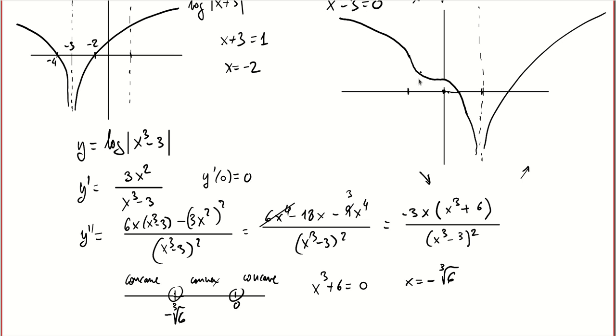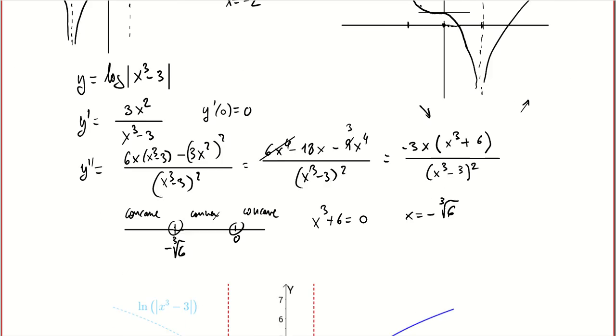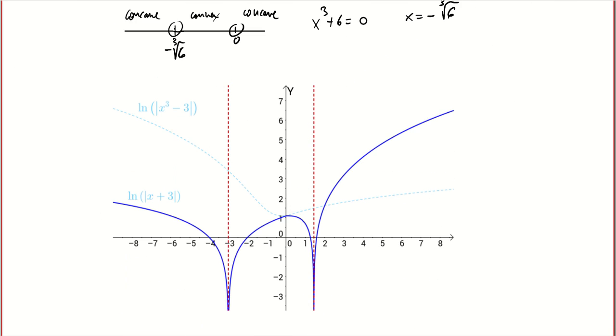It has a horizontal inflection point like this. So it looks pretty much like this. All right, and this is what it is. I mean, well plotted with a plotting program like GeoGebra or something similar. This is what the two functions look like.